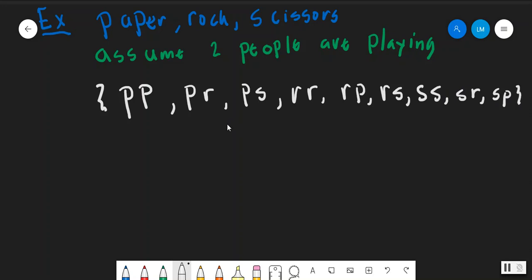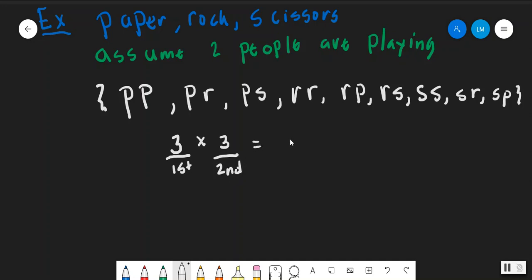Now, note that in this example, there are a total of 9 different outcomes. There are 3 possibilities for the first person, and 3 possibilities for the second person.